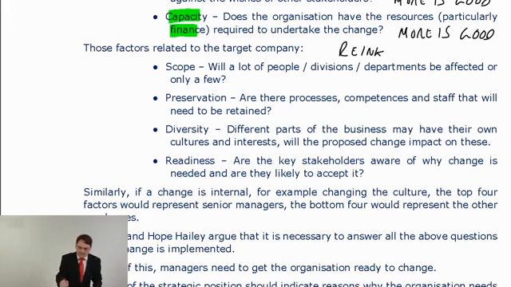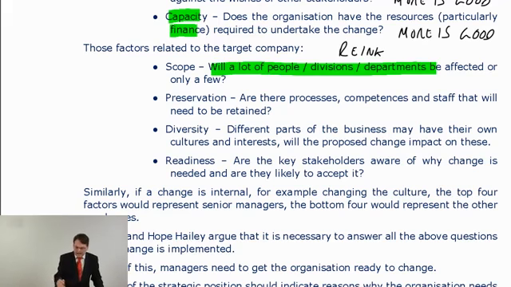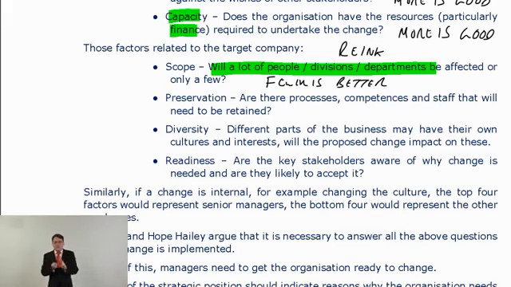Now let's look at things from the point of view of the workers at Reinc. First of all, will a lot of people be affected? Fewer is better. And it turned out in the Reinc question that the main departments that needed changing were HR and marketing.